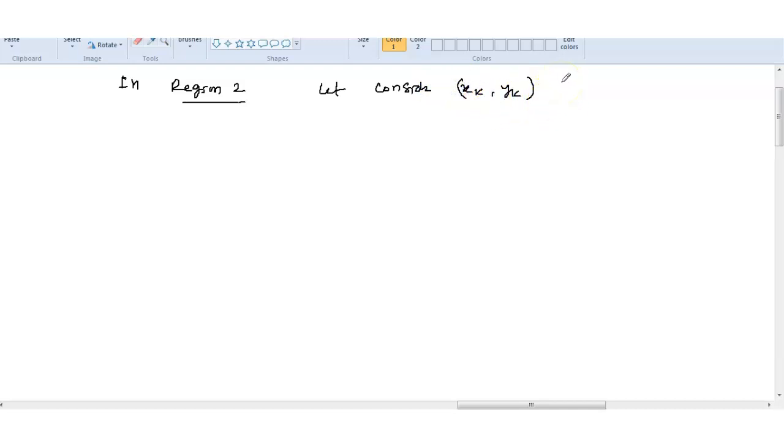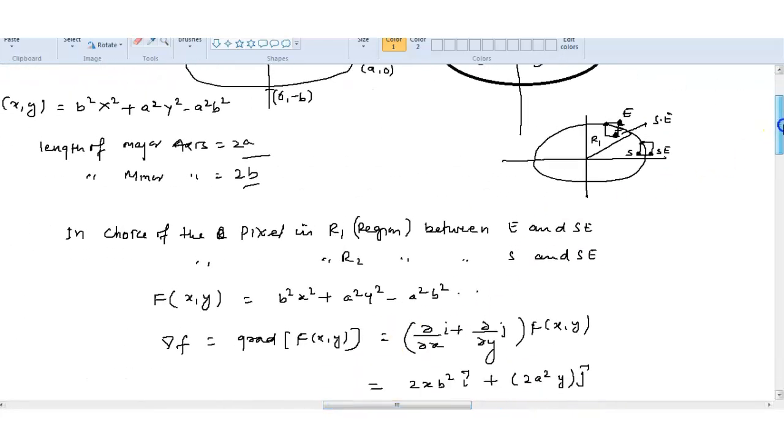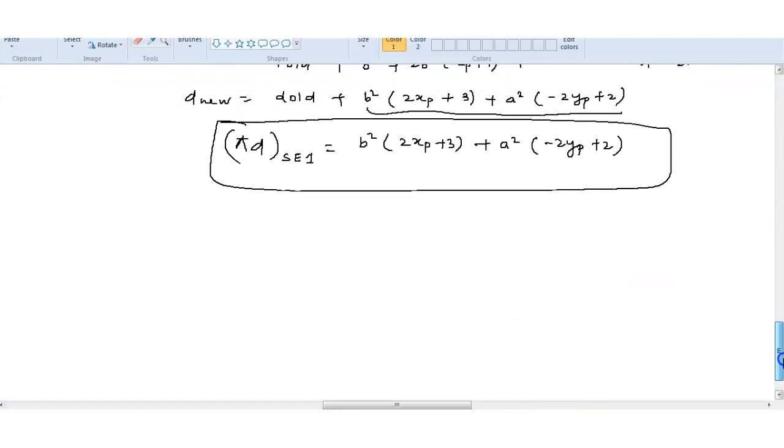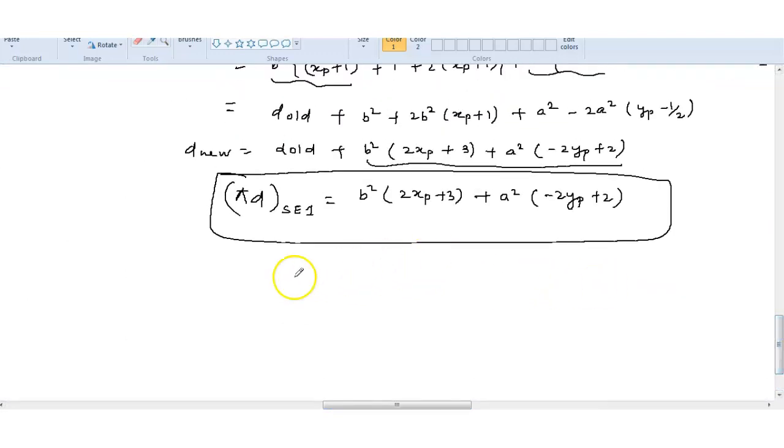Before that, we will see some initial value condition also. d initial in region R1: we can choose the coordinate 0 and b.